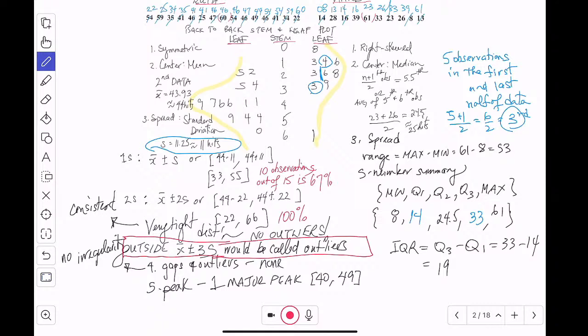Number 4, gaps and outliers. Big gap. From 40s and 50s, there's no data. So this clearly separates this away from the greater portion of data. This is sitting apart. We need to check if it's a statistical outlier. So yes, there's a gap.